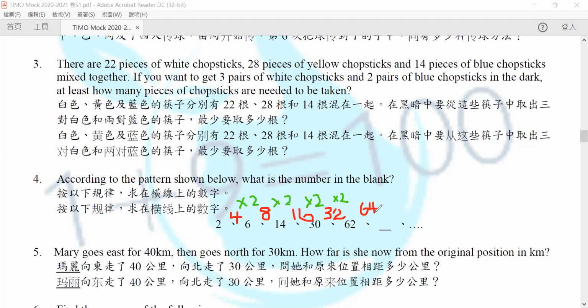So we can guess that because it satisfies all these equations, the answer should be 126. This is question 4.